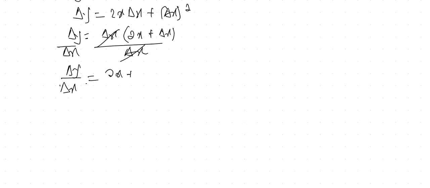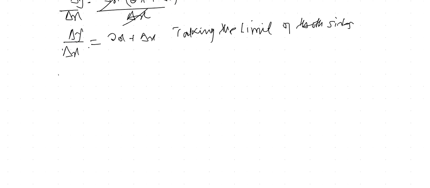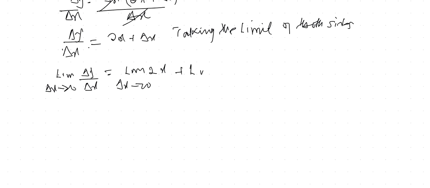So taking the limit of both sides, you have that the limit of change in y by change in x as change in x approaches 0 is equal to the limit of 2x as change in x approaches 0, then plus the limit of change in x as change in x approaches 0.